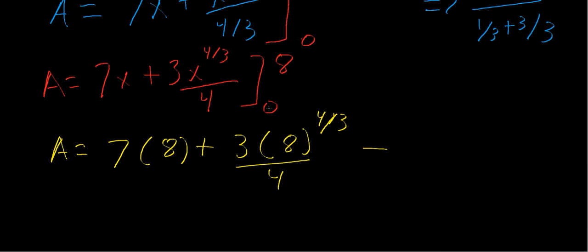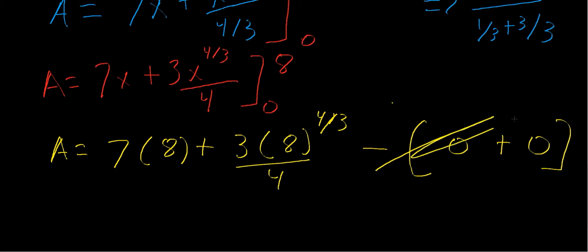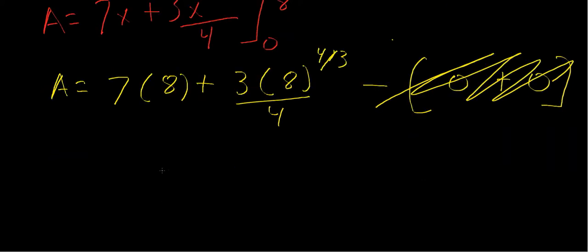Well, what's F of a? F of a is F of 0. So 7 times 0 is 0, 3 times 0 is 0, so it's minus 0 plus 0. So it makes this really easy. We don't have to worry about anything in our second term here. So now we just add all this up.